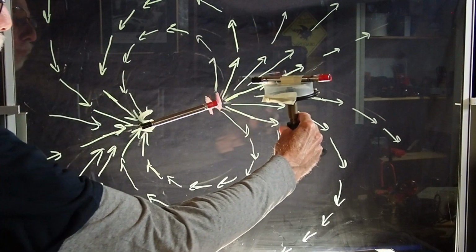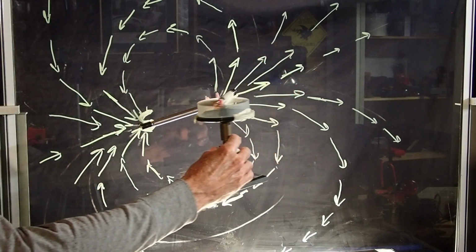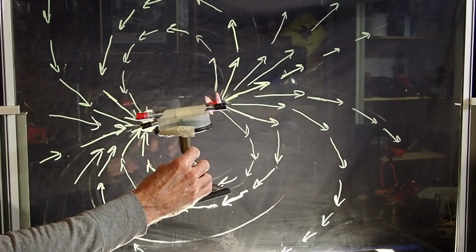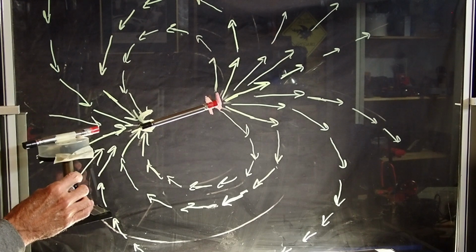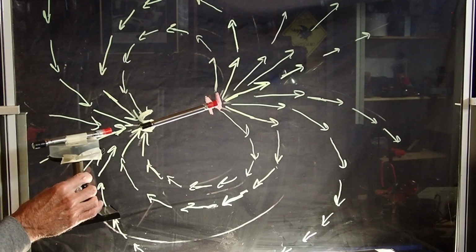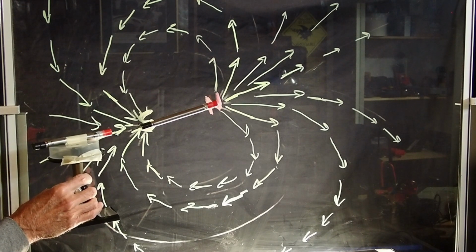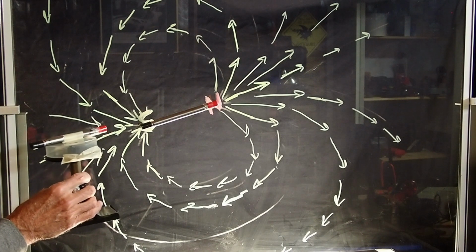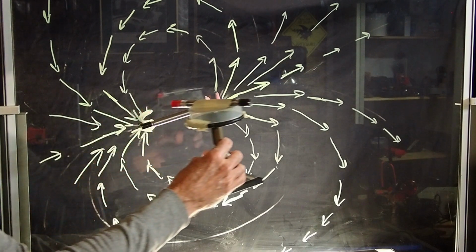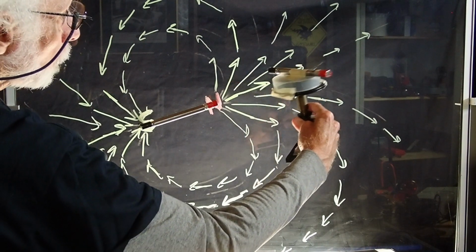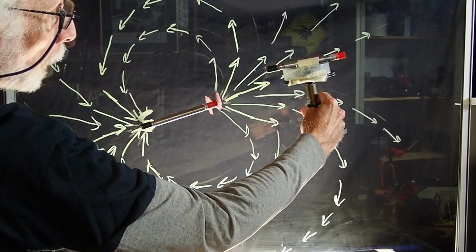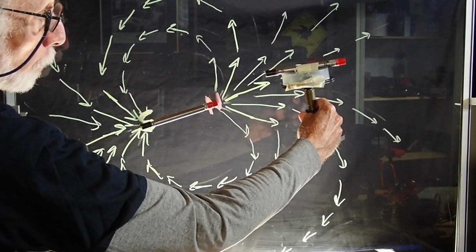But as I bring it around in space, notice that it changes direction until the north end points at the south end of the magnet that is causing the field. And so, in fact, our compass needle really does act the way our field lines tell us that it should.